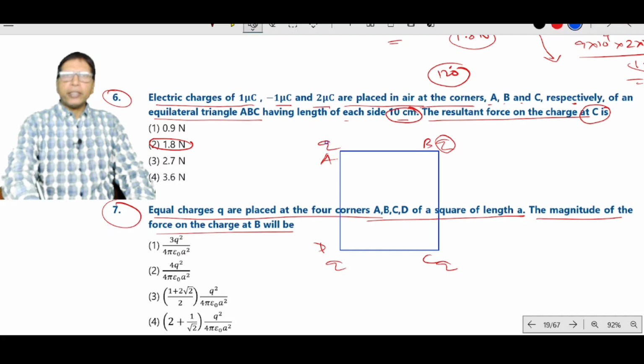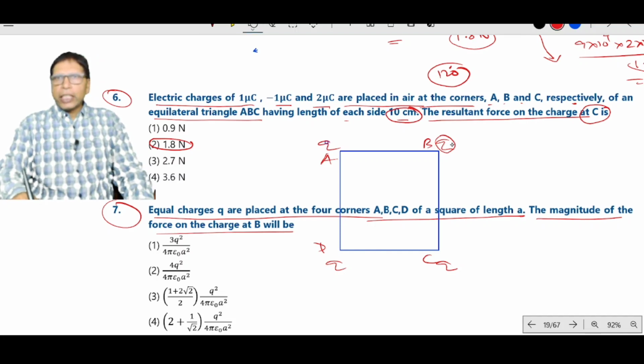Now look at this. The force experienced by this charge due to the charge at A is directed along this direction. The force experienced by the charge at B due to the charge at C is directed along this direction. And the force experienced by this charge due to this charge is directed along this direction.